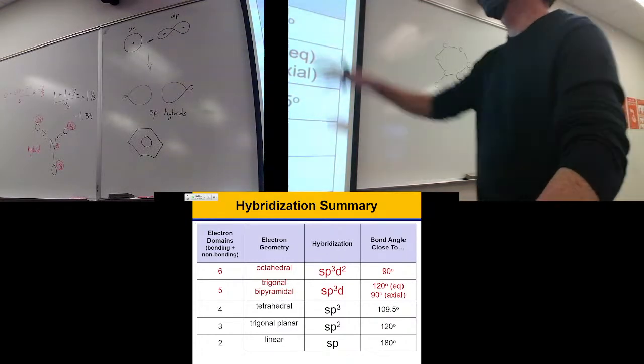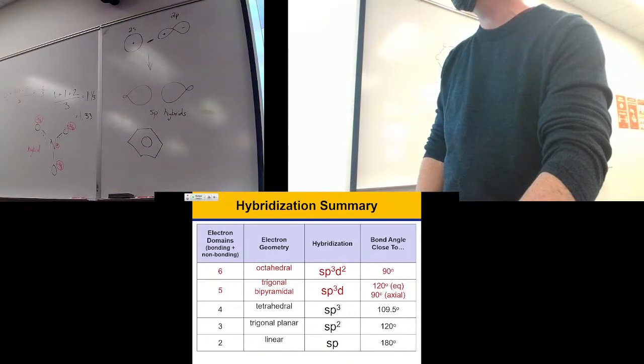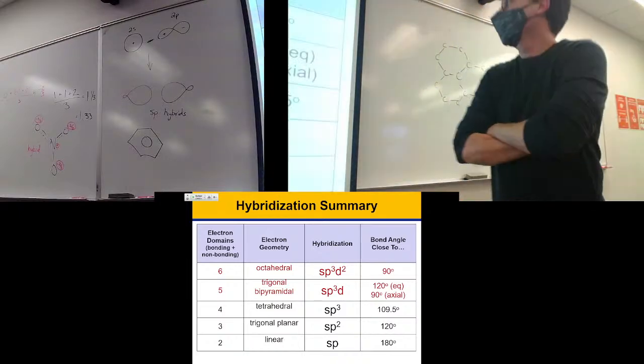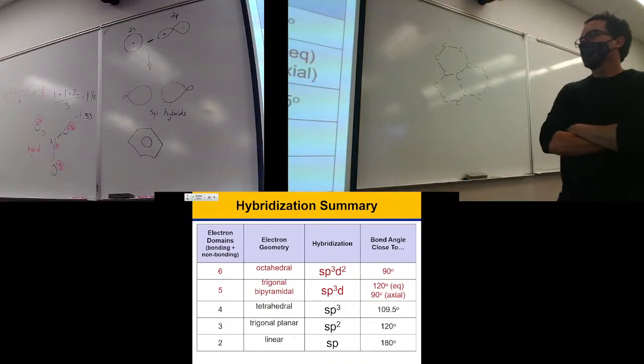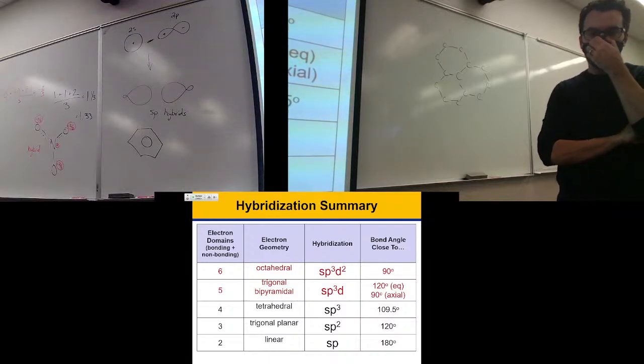But again, we're not going to test you on the d stuff. So just in case you weren't curious, that's how we do it. So we've got some weird hybrid orbitals when we get to octahedral and trigonal bipyramidal.